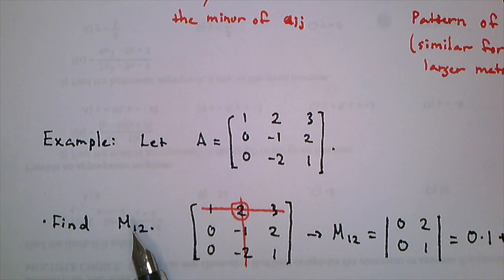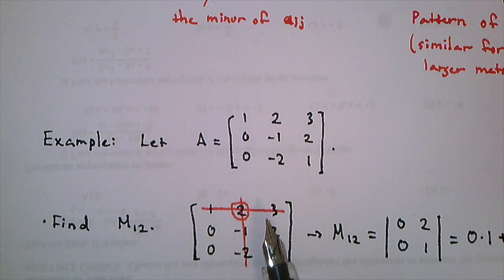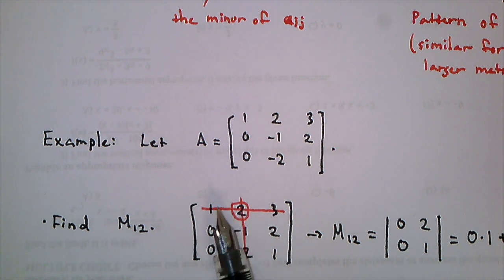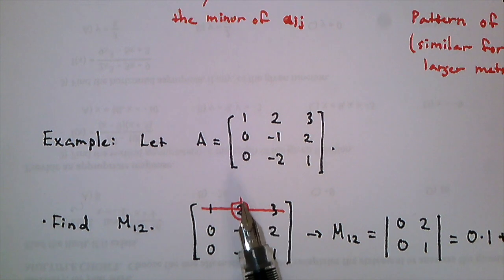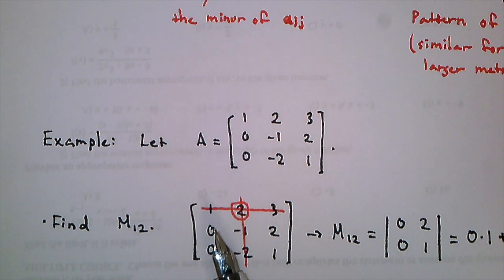So we find the 1, 2 element, that's the first row, second column, this 2 here, and we want to delete this row and this column that correspond. So delete the first row and the second column. What's left over is the 0, 0, and the 2, 1. So we make that into a matrix and take its determinant.